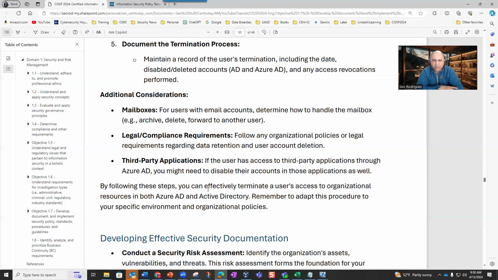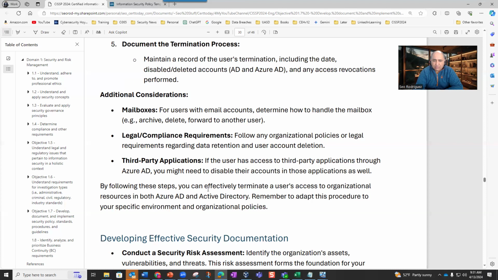But with any other third-party service, and this is a big problem because nowadays users have access to a lot of services in the cloud, if you're not using single sign-on, a person may leave a company and you disable the account in the company, but there are other services the user had access to that may not be tied to the account they use internally, and those accesses are left operational.